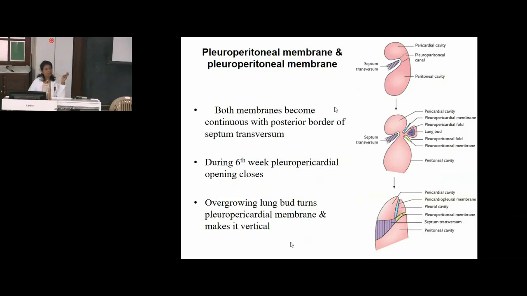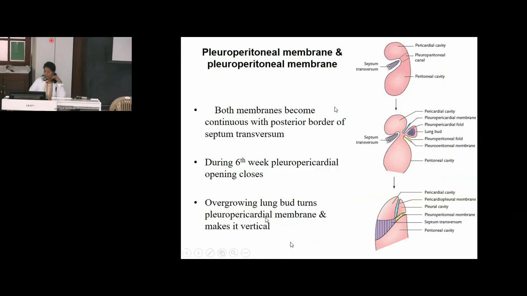And what is the septum transversum forming? Diaphragm. The central tendon of the diaphragm, the major important part. So this is how it is fusing. The pericardium is coming above and fuses, along with the pericardial cavity. This gets closed by the 6th week of intrauterine life.